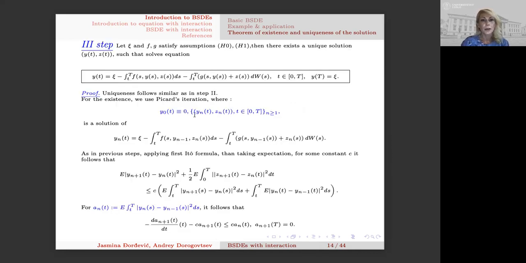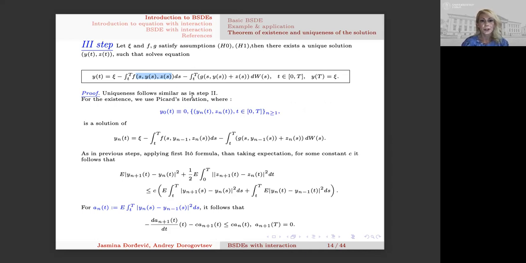In the next step, the equation is generalized even more. Now the drift coefficient fully depends on the processes of the solution, and the function g in the diffusion coefficient now also depends on the state process. Uniqueness is proven in a similar way as in step 2, so I will not repeat it here.